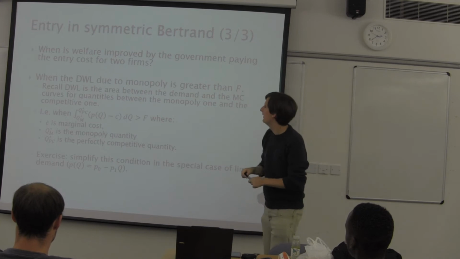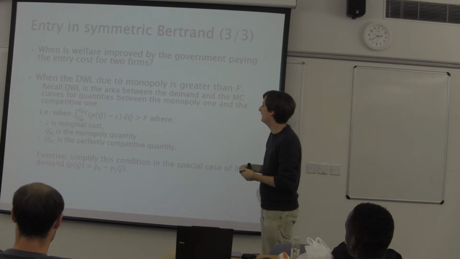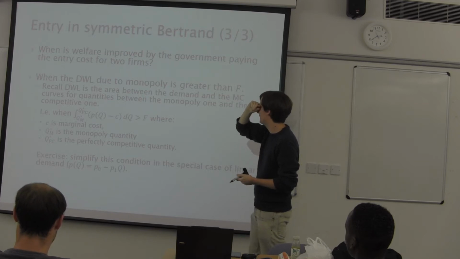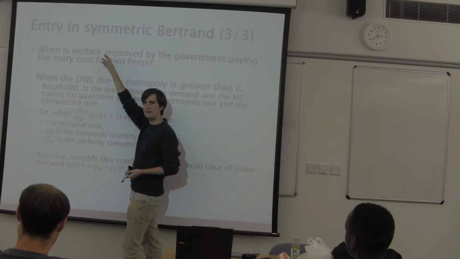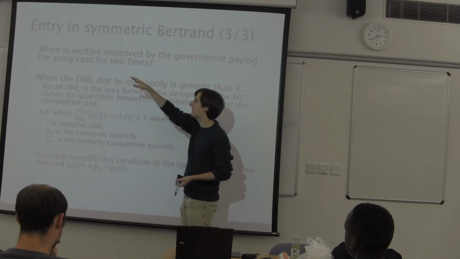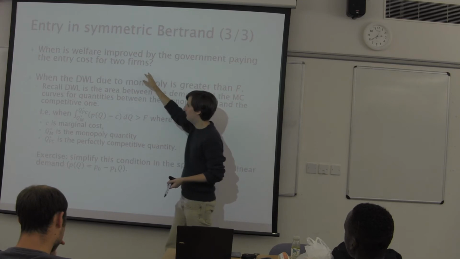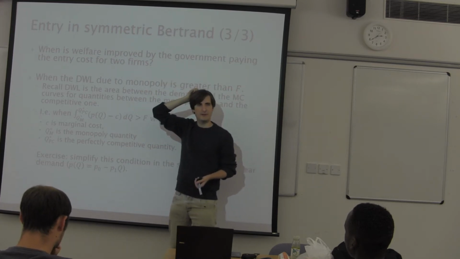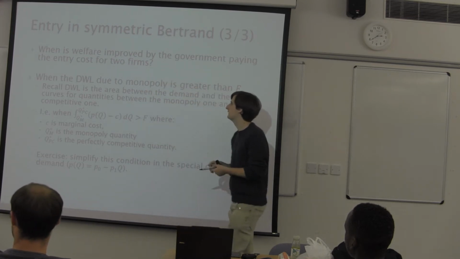So how to explain this? Well, welfare is consumer surplus plus producer surplus, and here we're going to have an extra term, which is minus this amount that the government's paying.